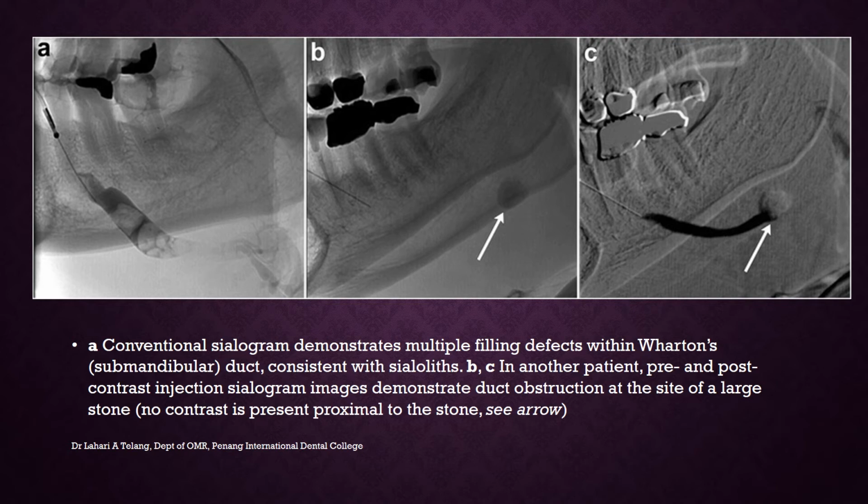Now, this is another patient where you can see pre and post contrast injection sialogram images. This is pre contrast injection, this is post contrast injection, and you can easily see where the obstruction of the duct is happening, because of a large sialolith or a large stone.